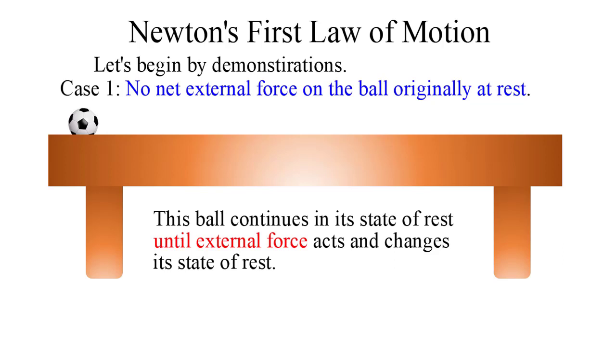Next, we will see those external forces which may act on this ball to change its state of rest. But for now, because no external unbalanced force is acting on it, the ball continues to sit on the tabletop.